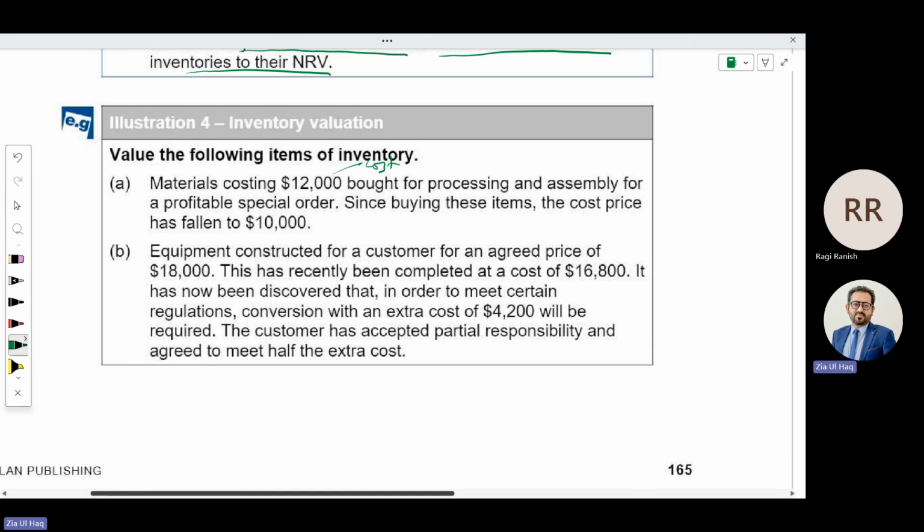Now we can buy this amount of inventory for 10,000. What is the cost? That you paid 12,000. Now you can buy at 10,000. This is fair value, market value now. This is not net realizable value, which means selling price. So there is no NRV in this question.